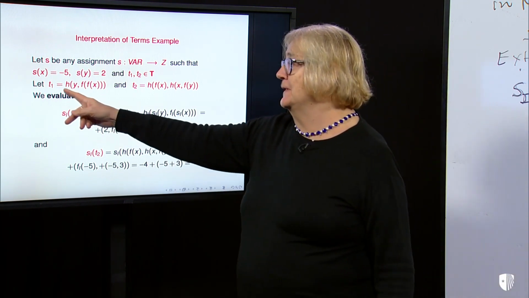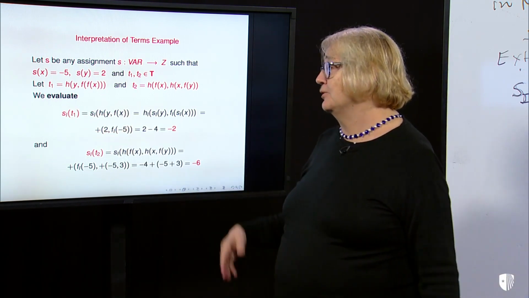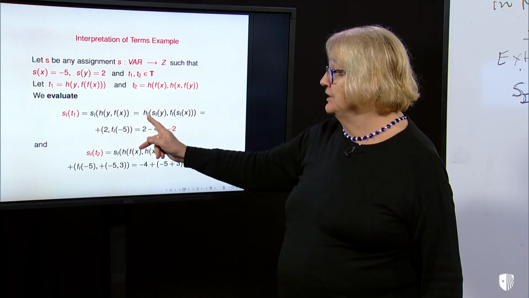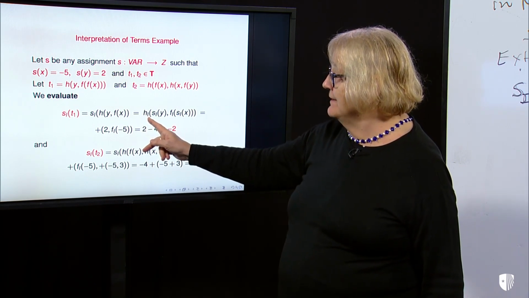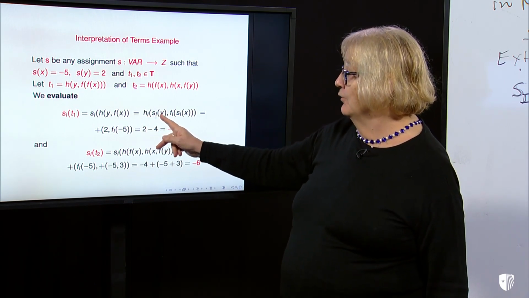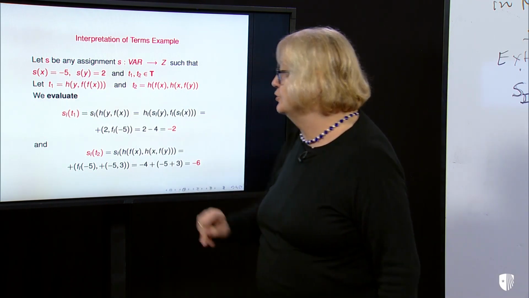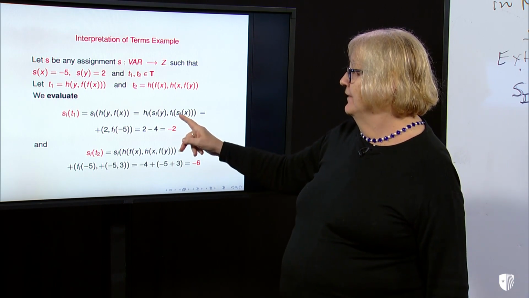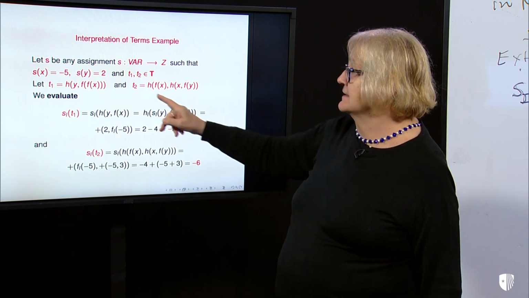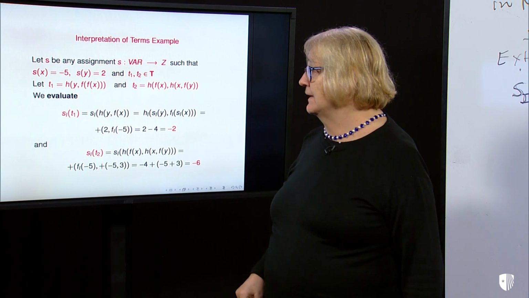So assume that t1 is this, then you evaluate: you have interpretation of h on S of y, which was 2, and S of x was -5.